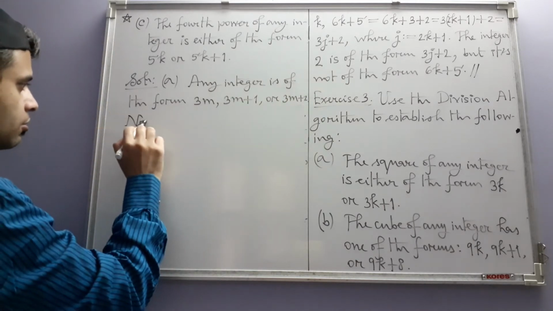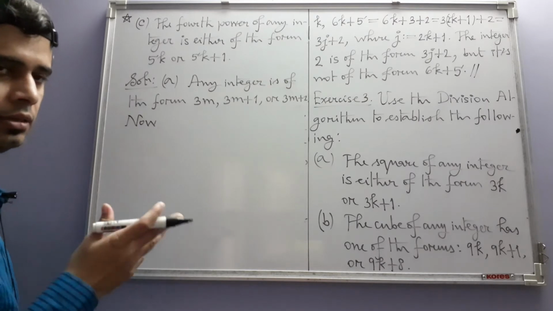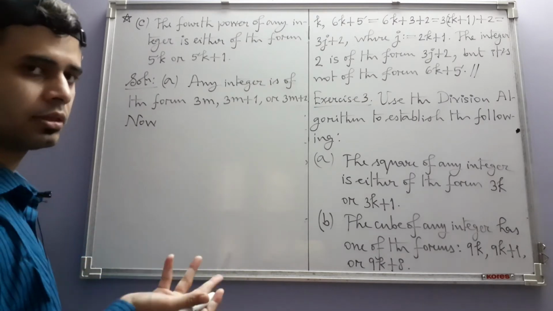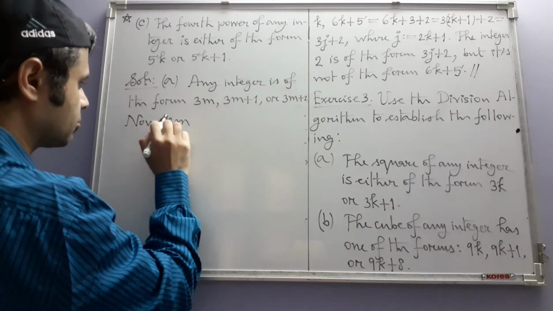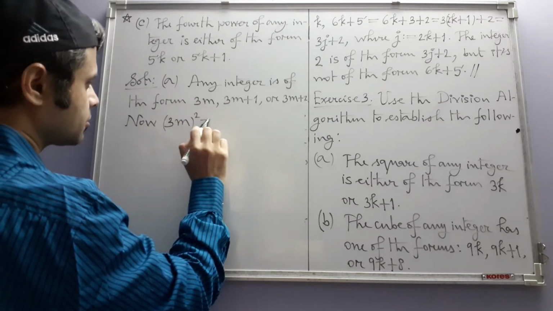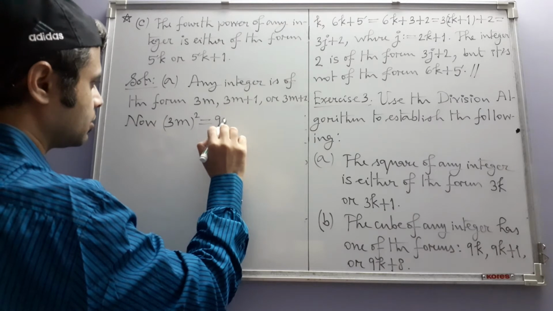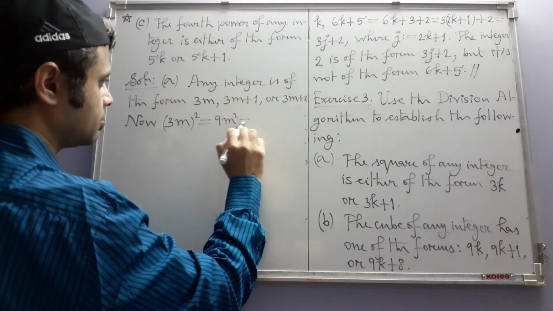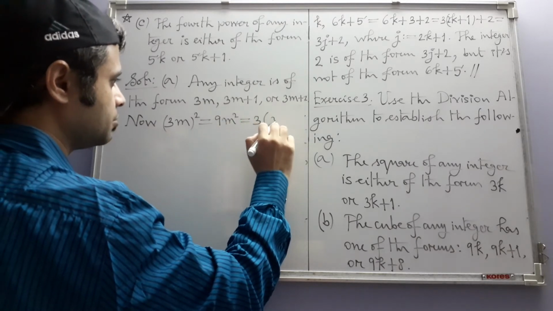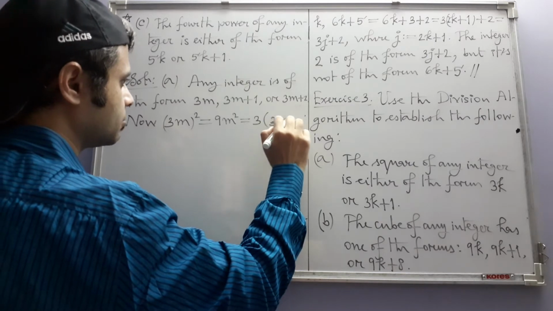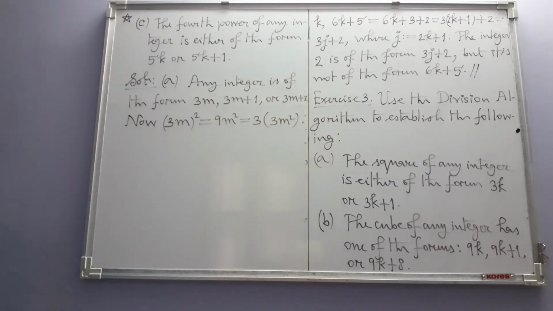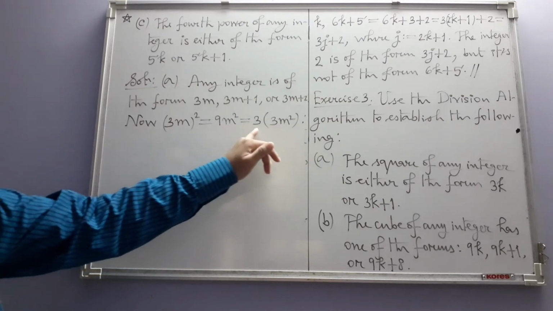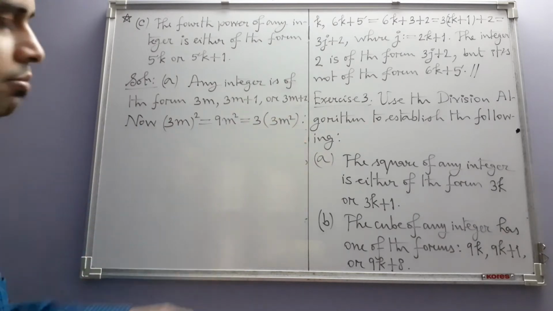So we now square these expressions and see ultimately what forms they assume. 3m square is 9m square, which is 3 times 3m square, okay, so it's of the form 3k, 3 times some integer.